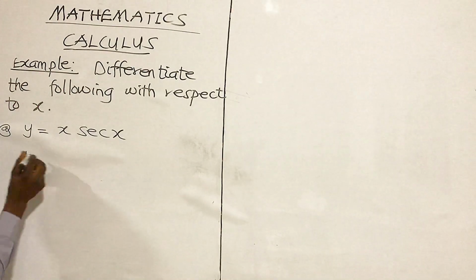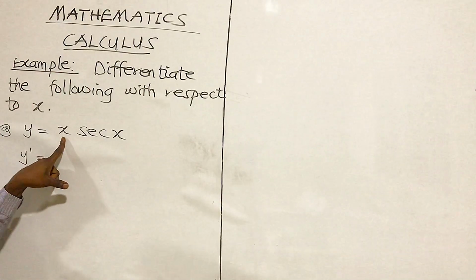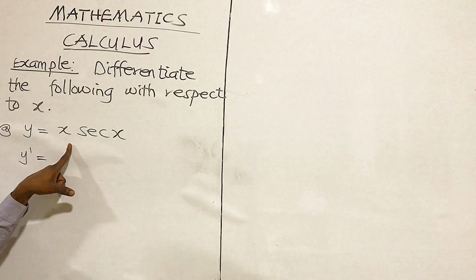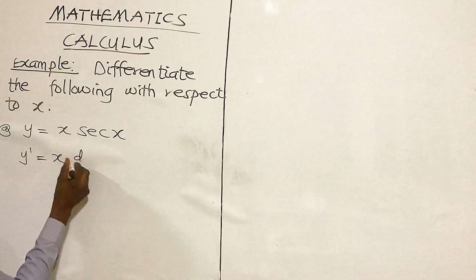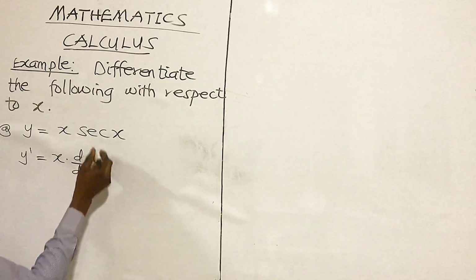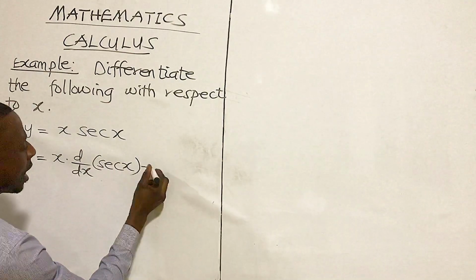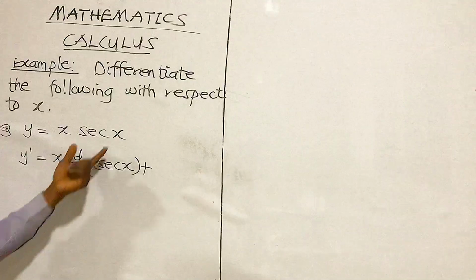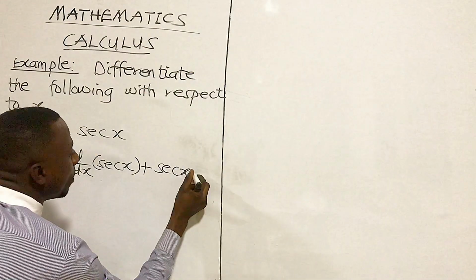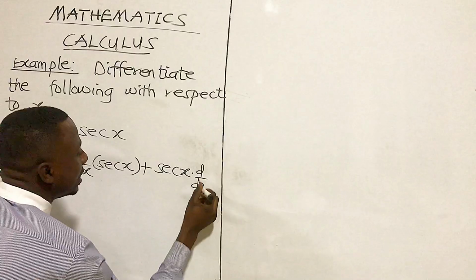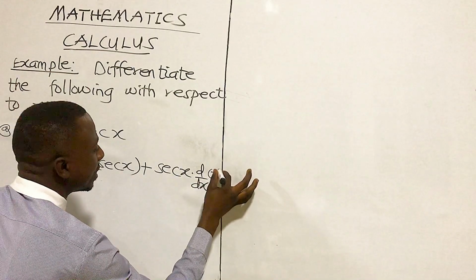So we have y prime is equal to, I'll first of all keep the first term, which is x, multiplying the differential of sec x, plus, then I will keep sec x multiplying the differential of the first term, which is x.